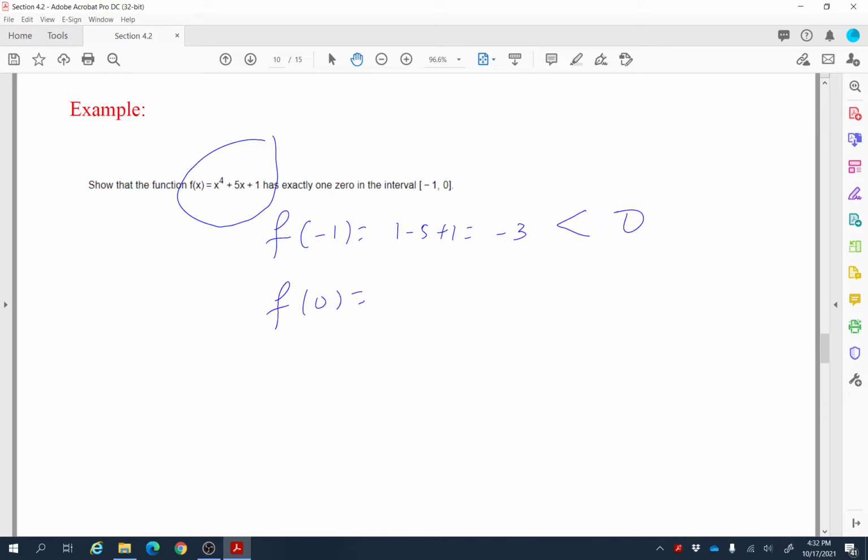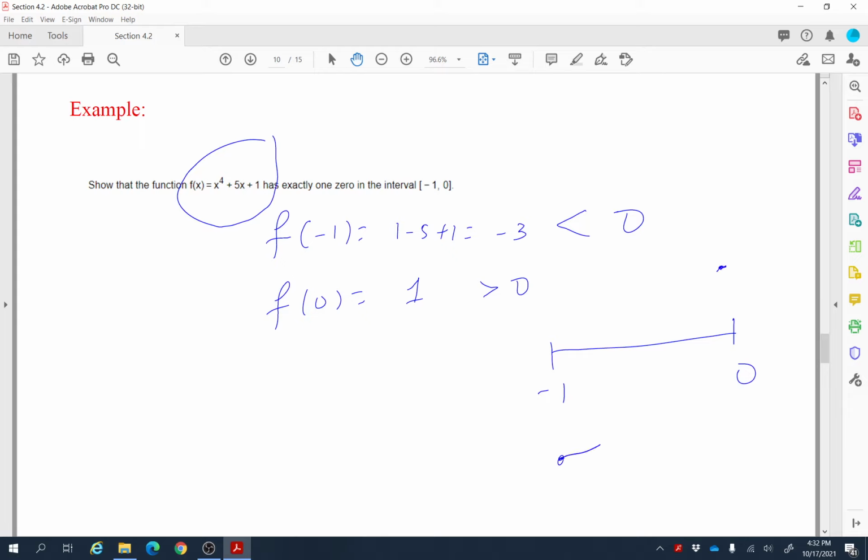At 0, it's 0 plus 0 plus 1, just plug x equal to 0 here, and it will be positive. So at the endpoints from -1 to 0, the value of the function is negative here, and the value of the function is positive here.